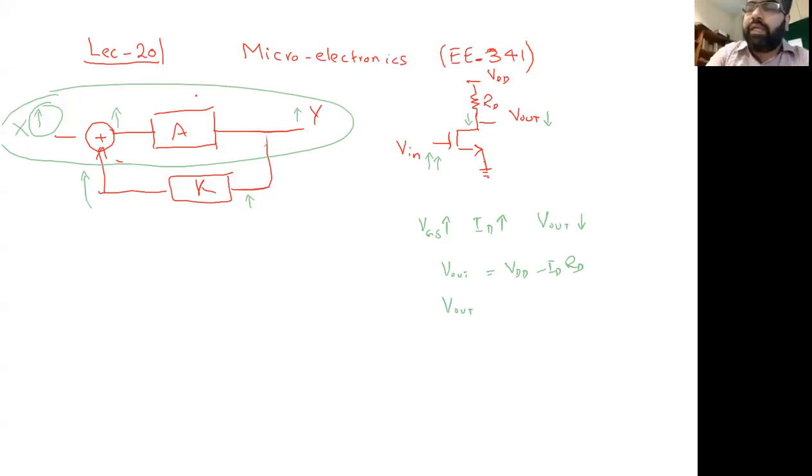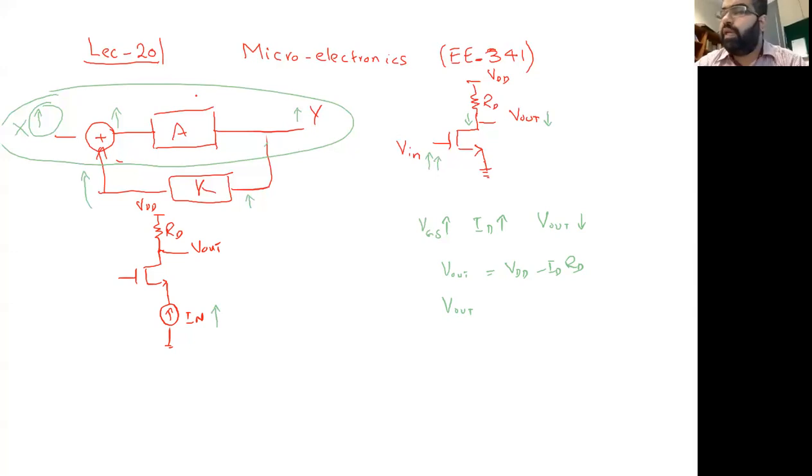The same thing applies where there was some confusion in the common gate one, where we are applying, for example, a current here, I in, and you are asked to find, for example, RD and VDD, and this is V out. Now, if my I in is going up, what's going to happen with my V out?